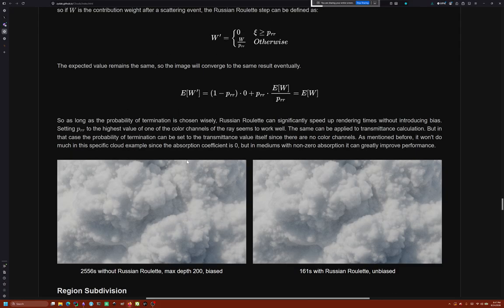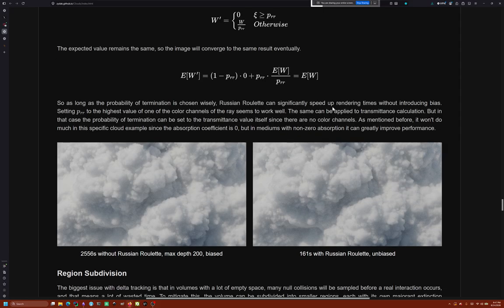So as long as probability of termination is chosen wisely, the Russian roulette term can significantly speed up rendering times and remain unbiased. Setting it to the highest value of one of the color channels seems to work well.